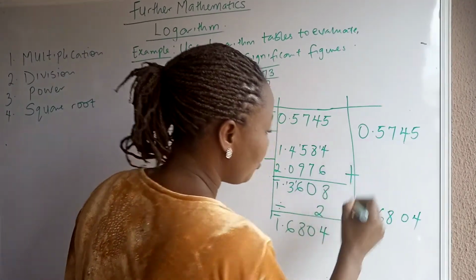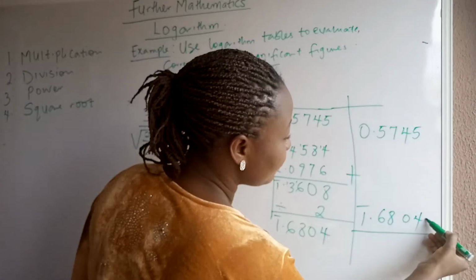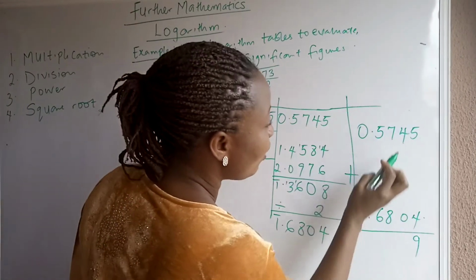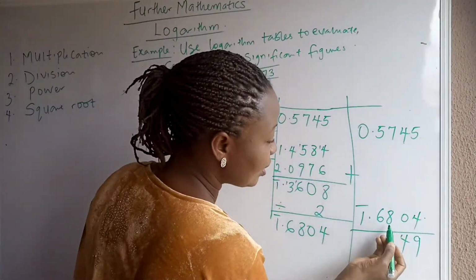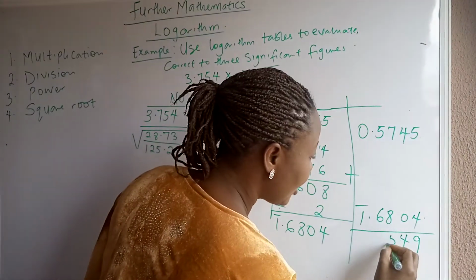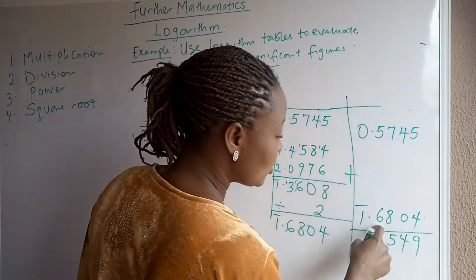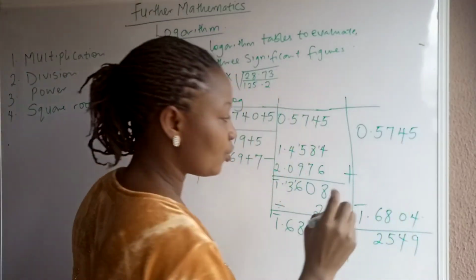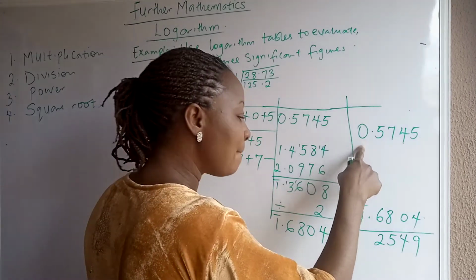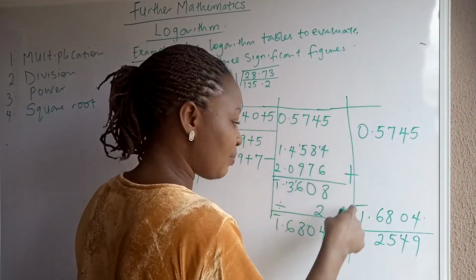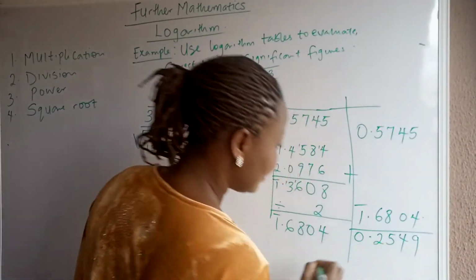So it's going to be plus. 5 plus 4 is 9. 4 plus 0, 4. 7 plus 8, 15. 5, carry 1. 1 plus 5, 6. 6 plus 6, 12. 2, remainder 1. 1 plus 0 is 1. Then 1 minus 1 plus minus 1 is 0. So it's going to be 0.0.